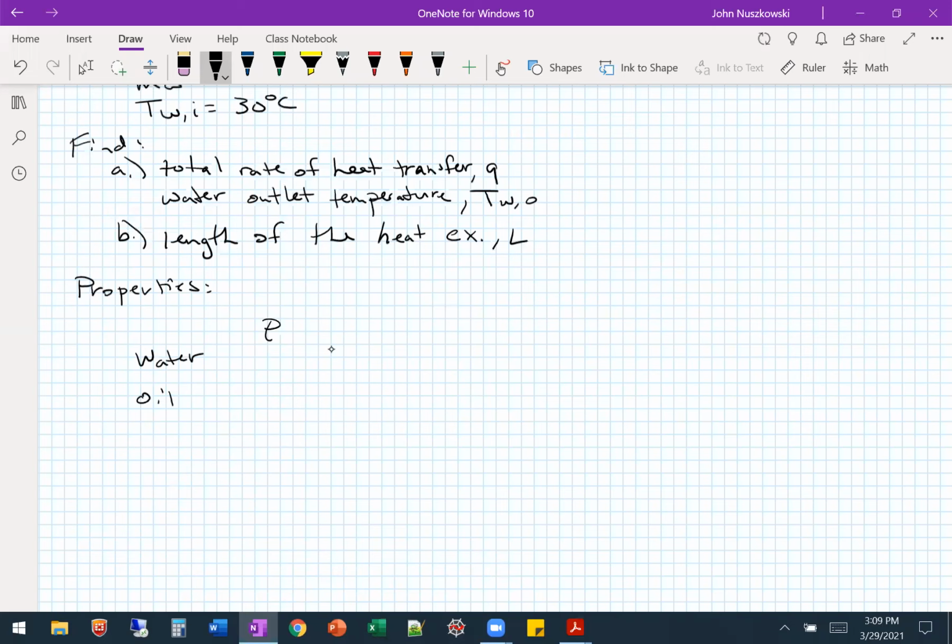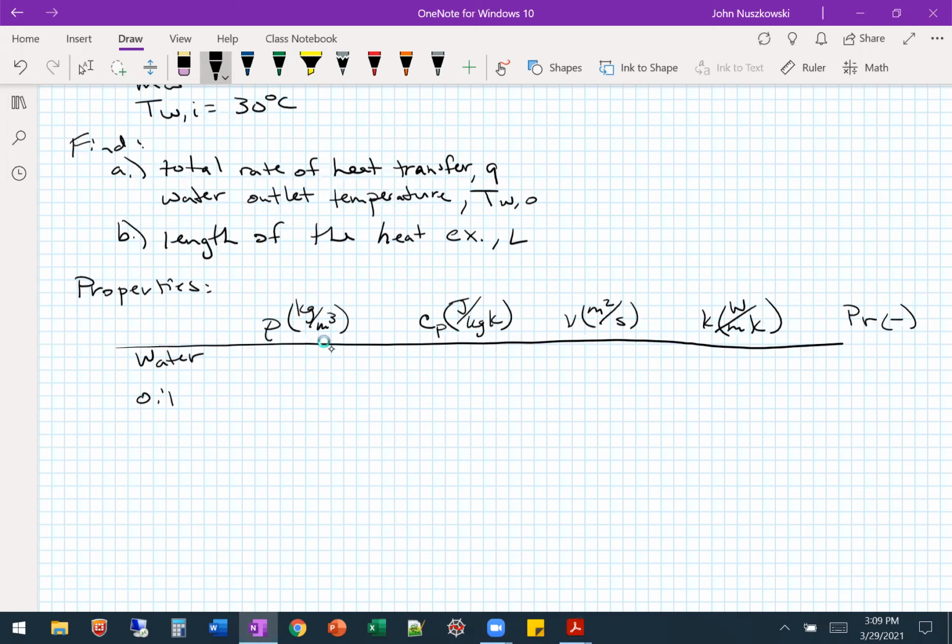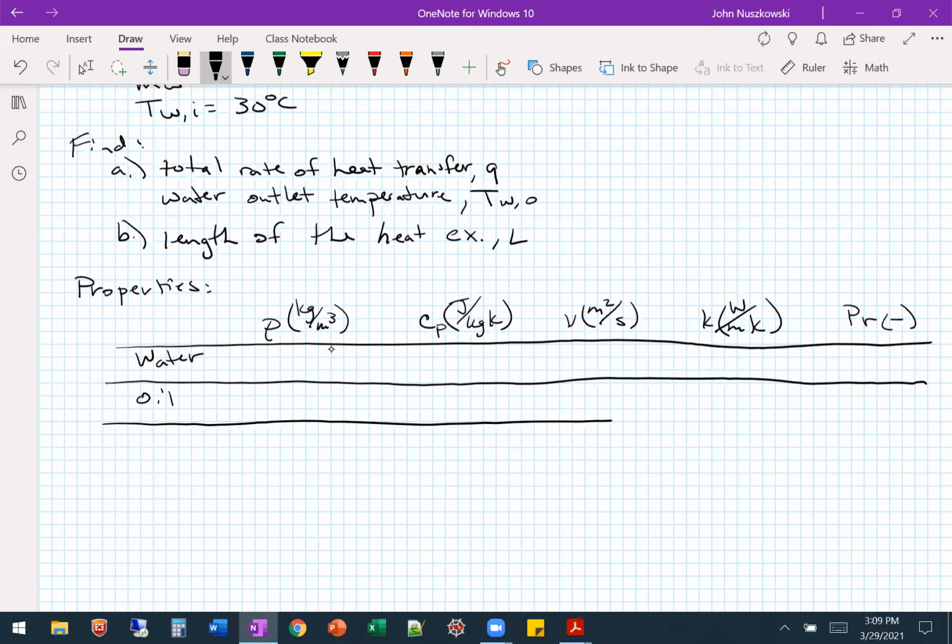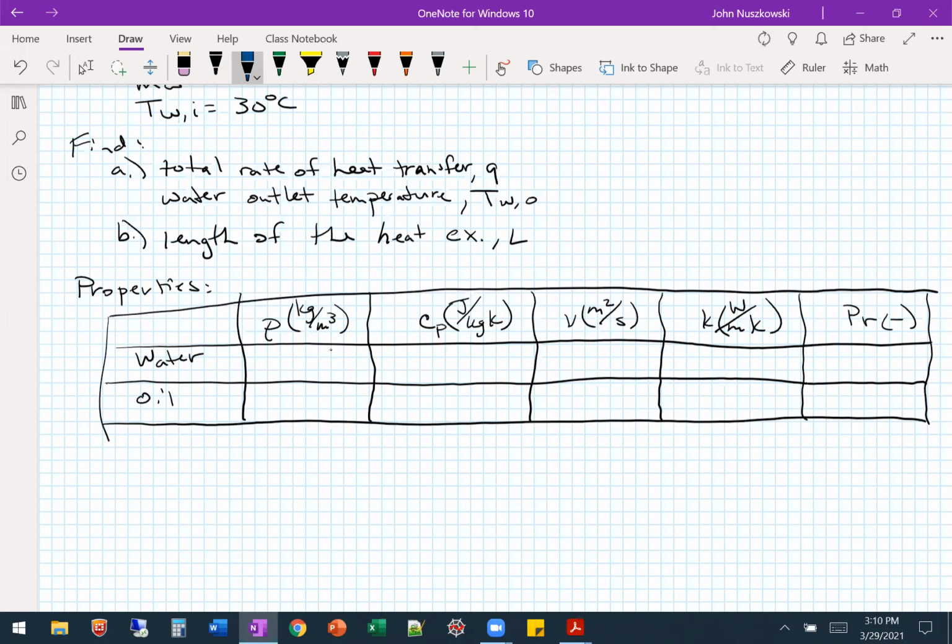They give density, specific heat, kinematic viscosity, thermal conductivity, and Prandtl number. Fill that in.